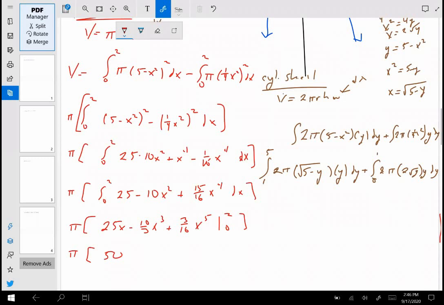So 50 minus 80 over 3 plus 96 over 16, and minus 0. I'm just not going to bother writing the minus 0.